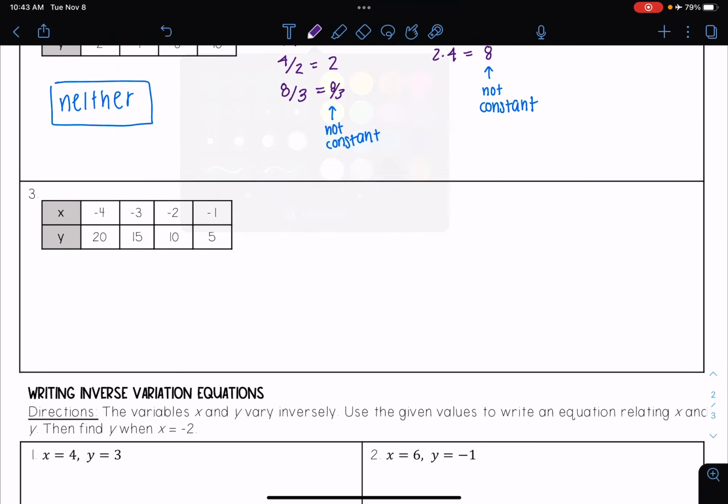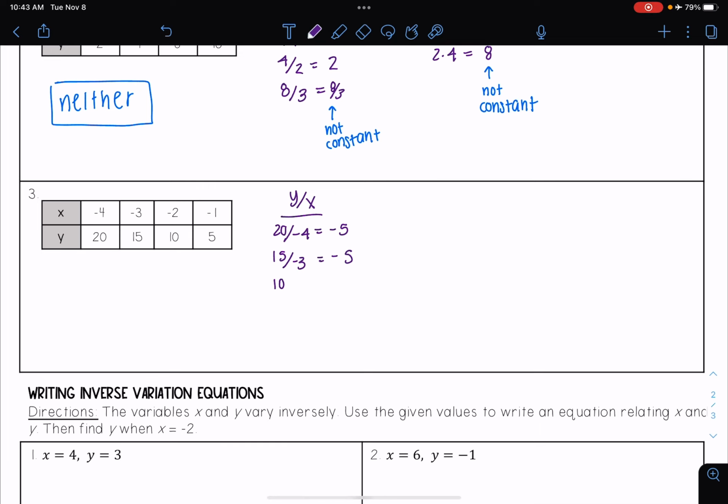Okay, let's look at one last one. I'm going to first check to see if it's direct variation, so I'm going to do y divided by x, not x over y. My first one, I have 20 divided by -4, and I get -5. Next point, I have 15 divided by -3, and I also get -5.